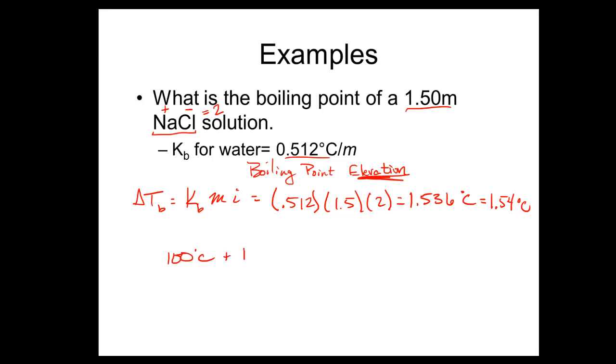So we're just going to add 1.54 degrees Celsius to here. So our new boiling point, when we've added that much salt to our solution, is 101.54 degrees. All right. So that's how you calculate freezing point depression and boiling point elevation.